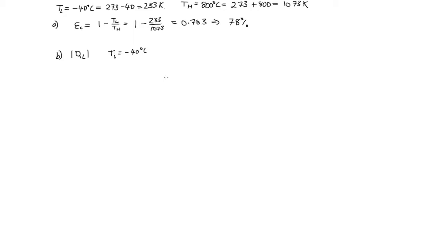At what rate could liquid water, so because it says at what rate could, we're going to assume the maximum efficiency here, at 0 degrees C be produced by a 100 megawatt power plant, which is equal to the energy over the time. We treat this as our engine, so this is going to be doing the work.